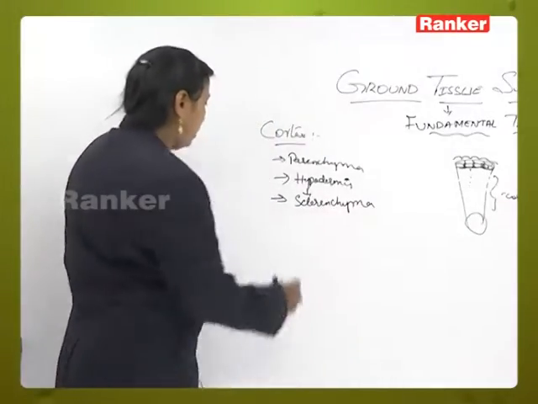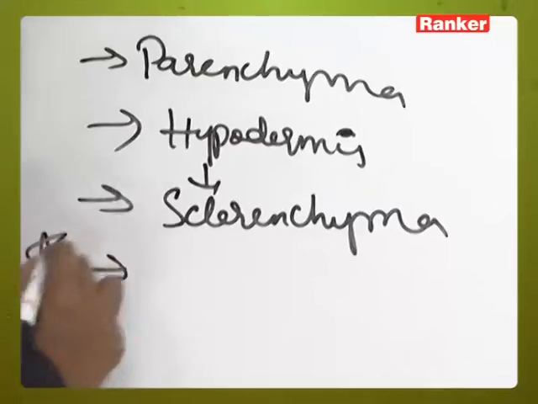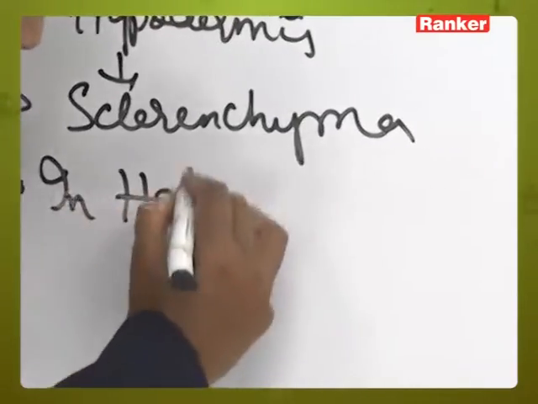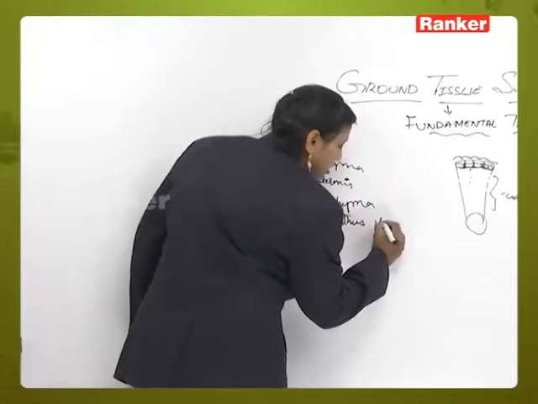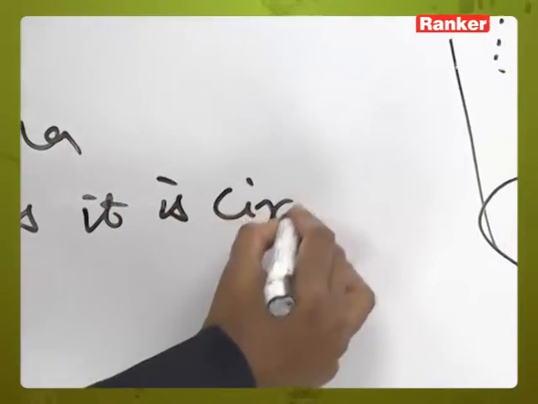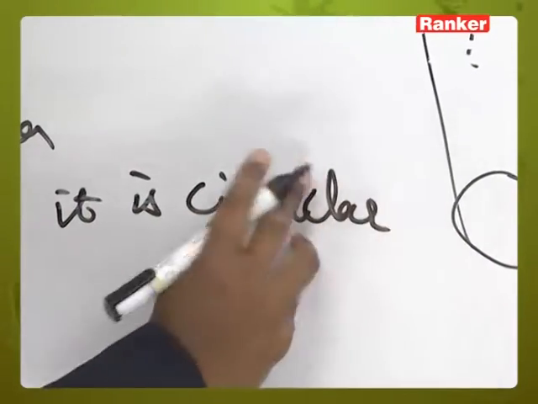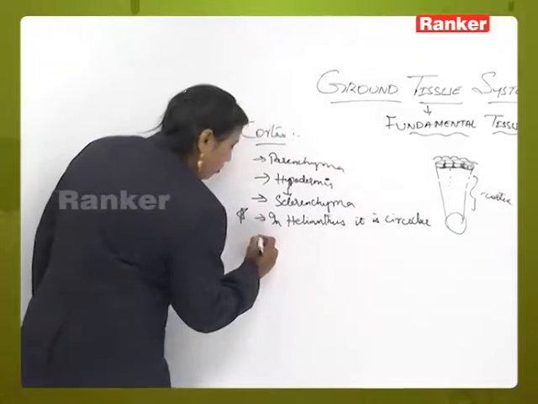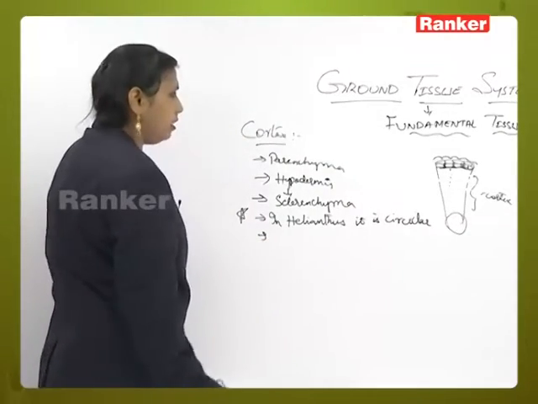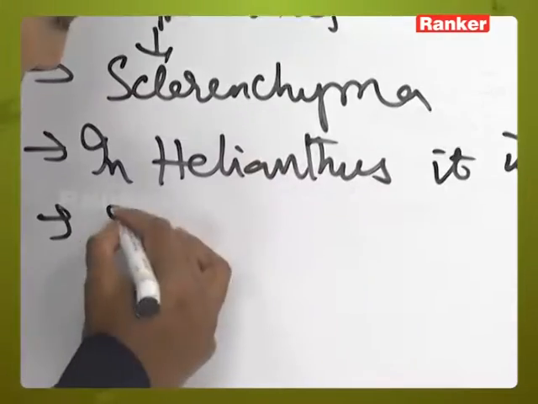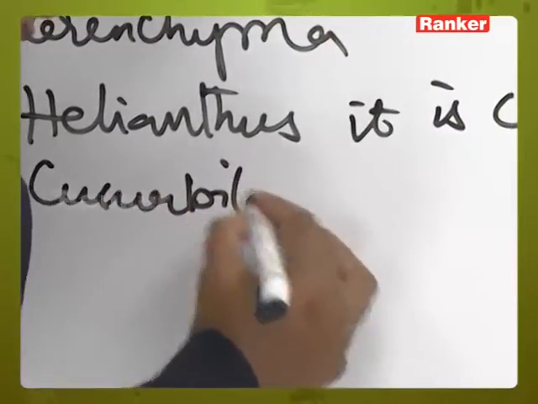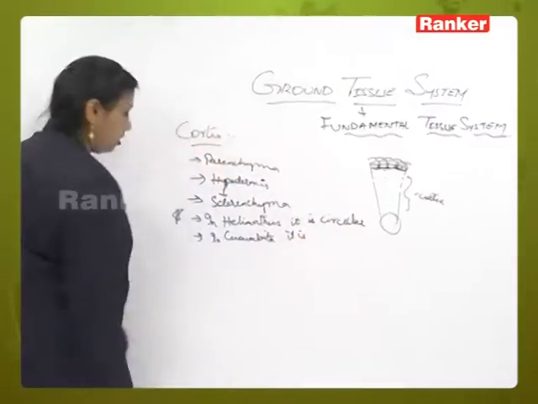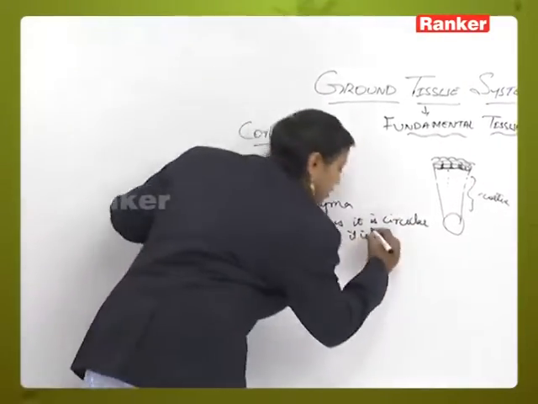Okay, for example, in helianthus, examples are very important. In helianthus, sunflower, the hypodermis is circular. We are talking in terms of hypodermis, whereas in cucurbita it will be in the form of patches below the ridges.